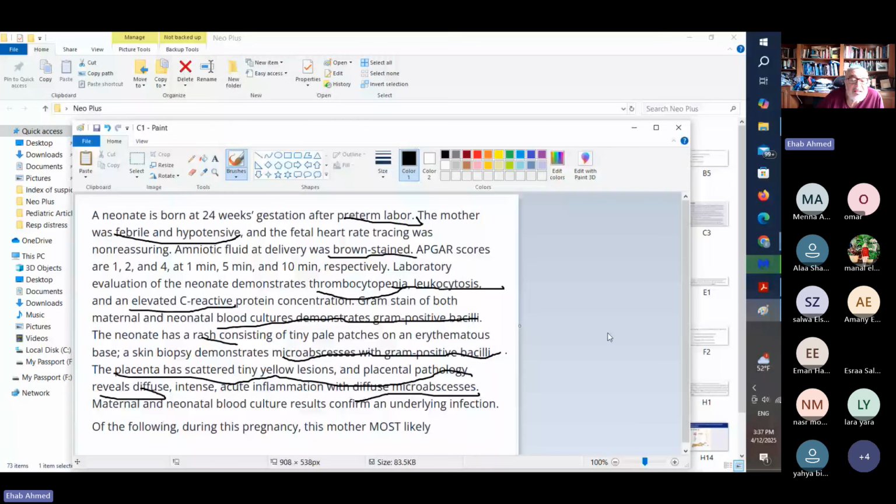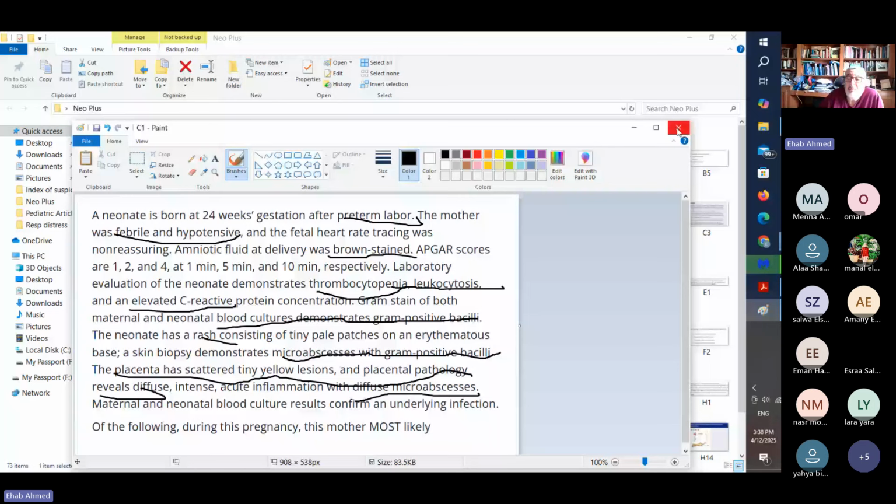So the mother and the baby, which is something very serious, had infection with listeria. And everything points to this being a classical textbook case of listeria infection. From the history, from the amniotic fluid, from the clinical presentation, from the labs, gram stain, cultures, placental pathology, mother. This is a classical textbook case of listeria.